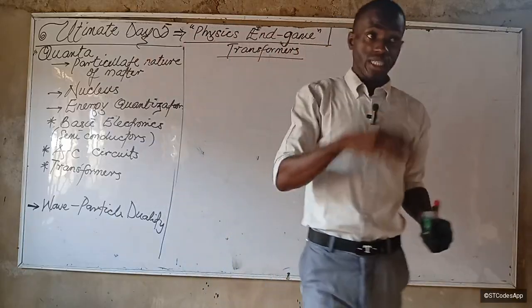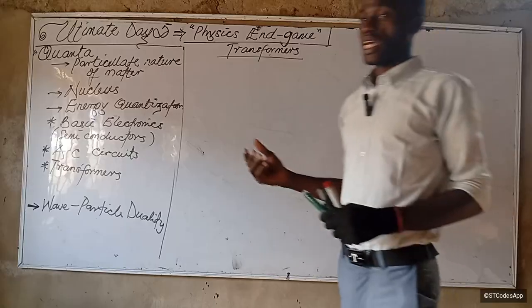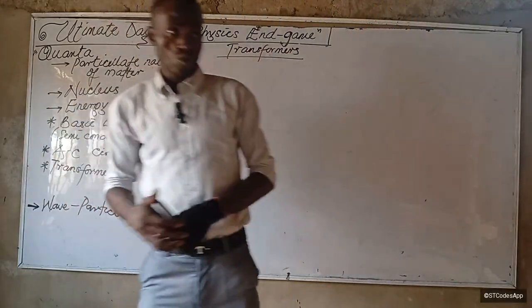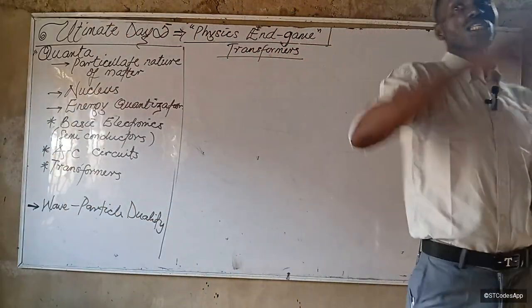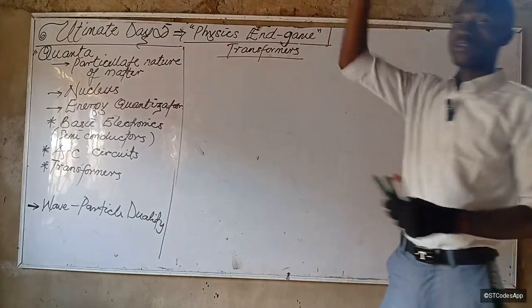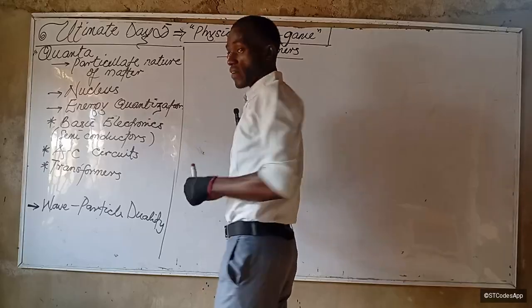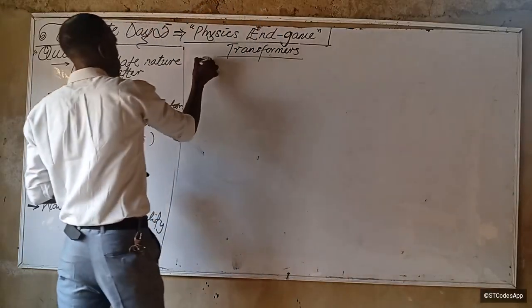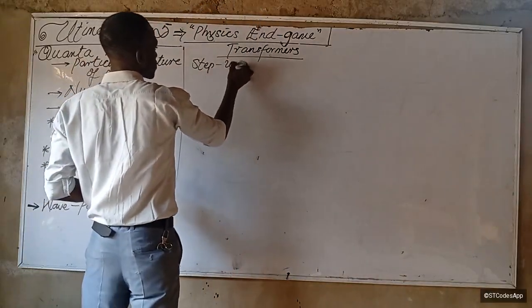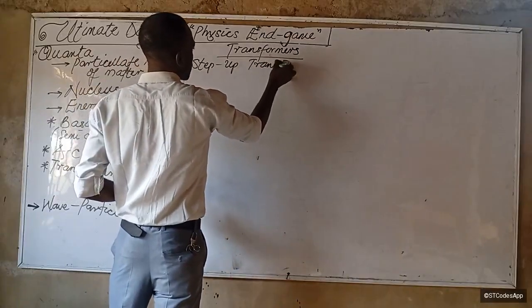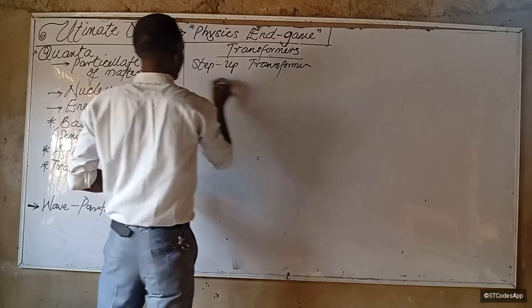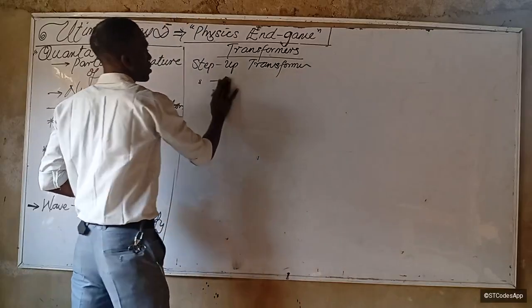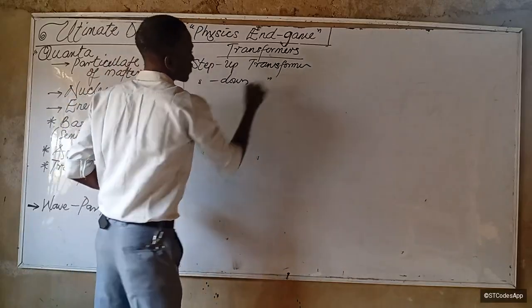Now, what is a transformer? A transformer is any device that can be used to either increase voltage or reduce voltage. So we have two types of transformer: the step-up transformer and the step-down transformer.